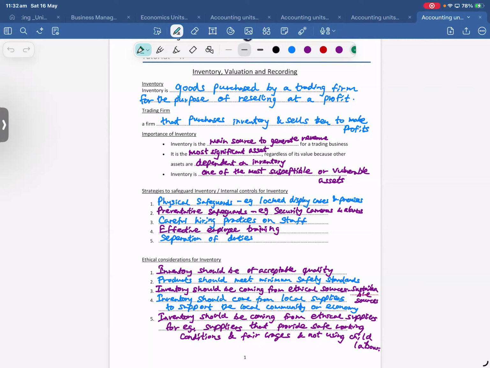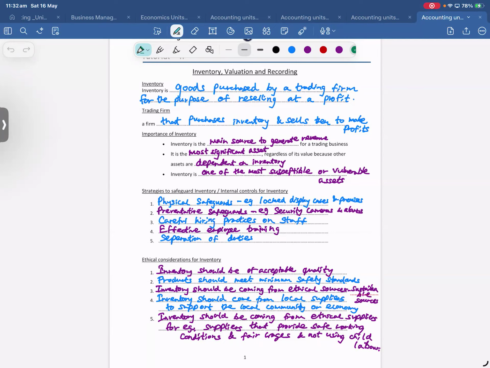Why? Because inventory is the one that is determining the other assets: cash at bank, accounts receivable, then other non-current assets, etc. So inventory is basically determining other assets.